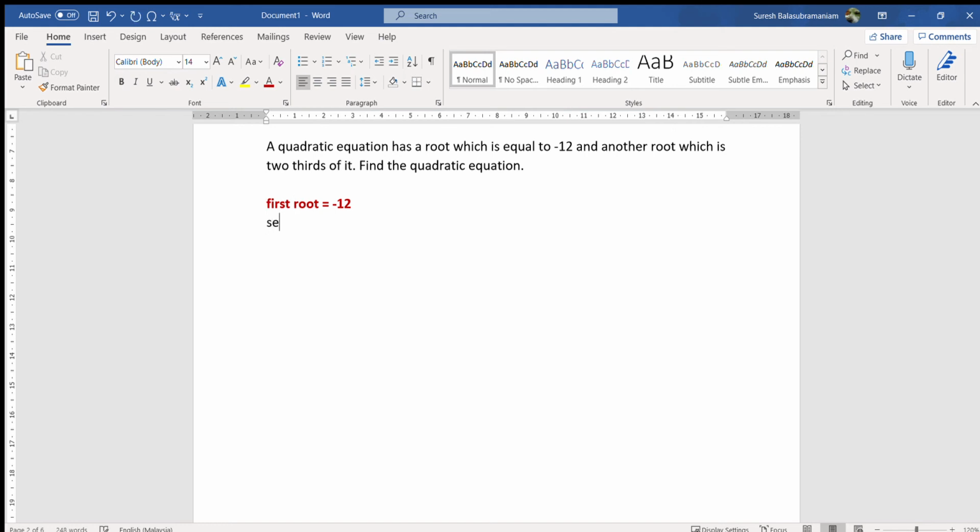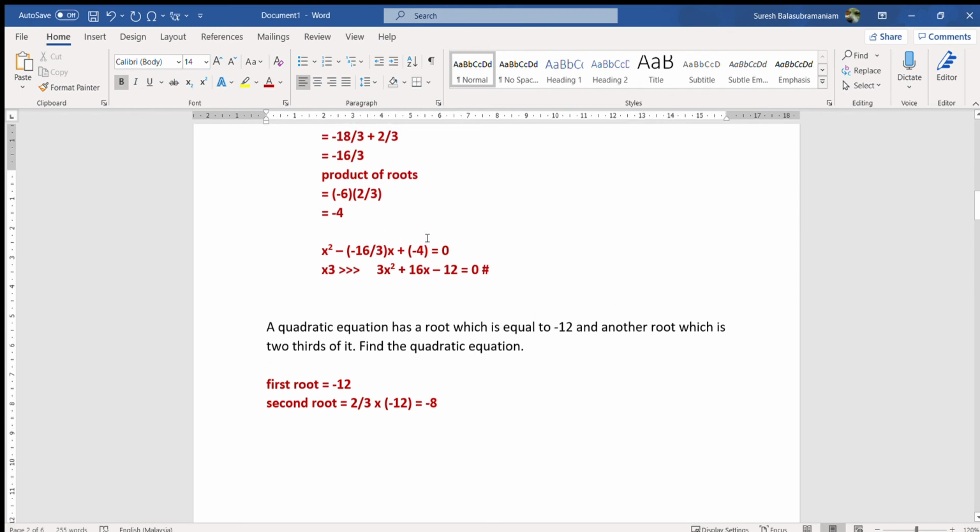So second root is two-thirds of the first root. So 2/3 multiply the first root, that is -12. So you'll get -8. So 2 times 12, -24, divided by 3 is -8. So now you can find the equation.